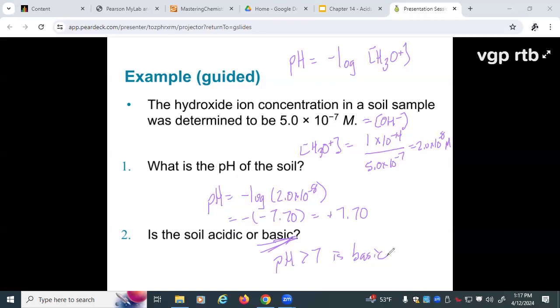We wouldn't necessarily have to go to pH, although it is easy, because you can just look at it in relation to 7. 7 is neutral, above that is basic, below that is acidic.